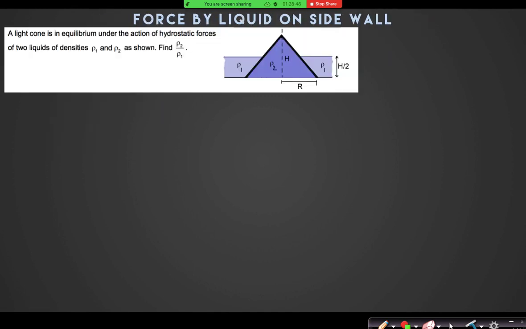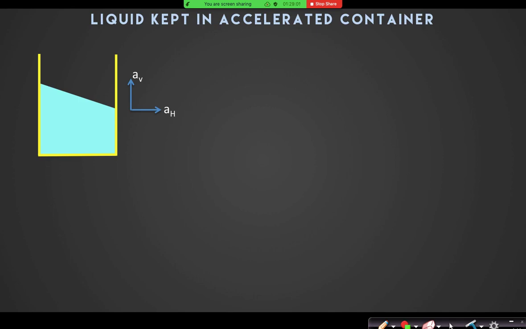So till now we were finding all these concepts, pressures and forces, in a liquid kept in a container which is at rest. But now we will talk about a liquid kept in an accelerated container. If this is a liquid kept in this container, and I move the container in the horizontal direction with some acceleration, then the free surface of the liquid will not be horizontal.